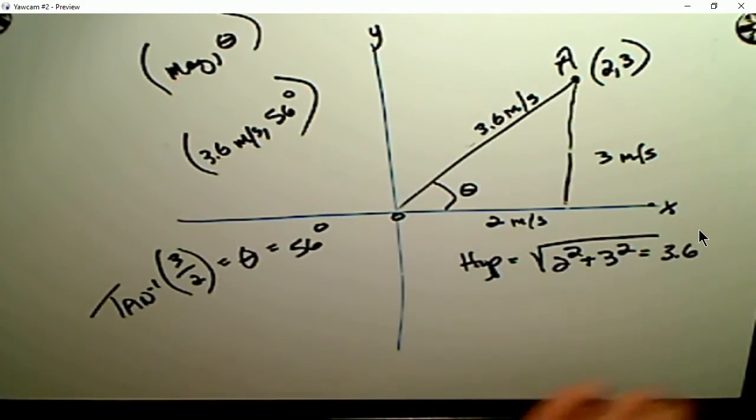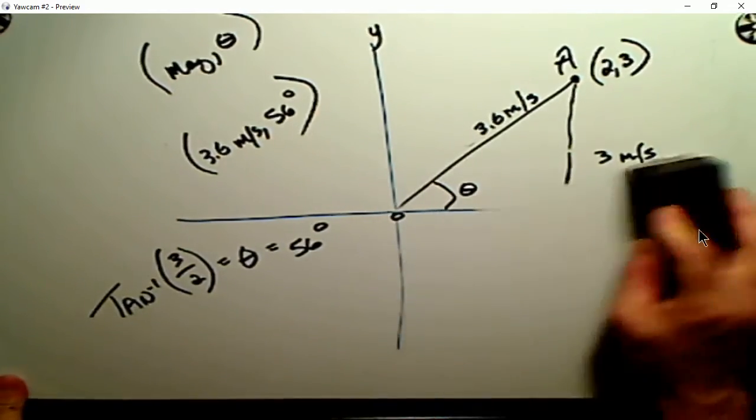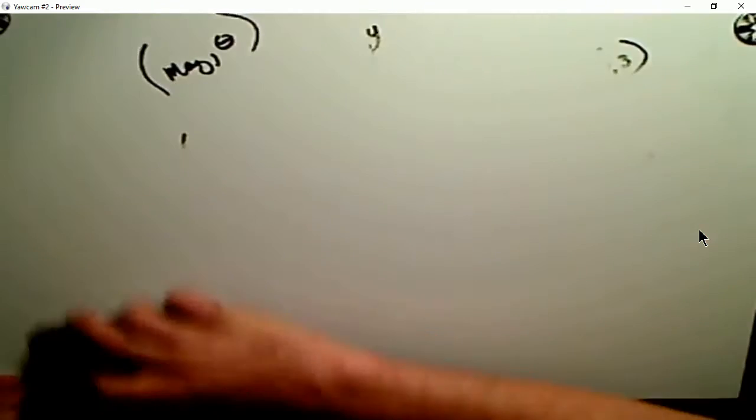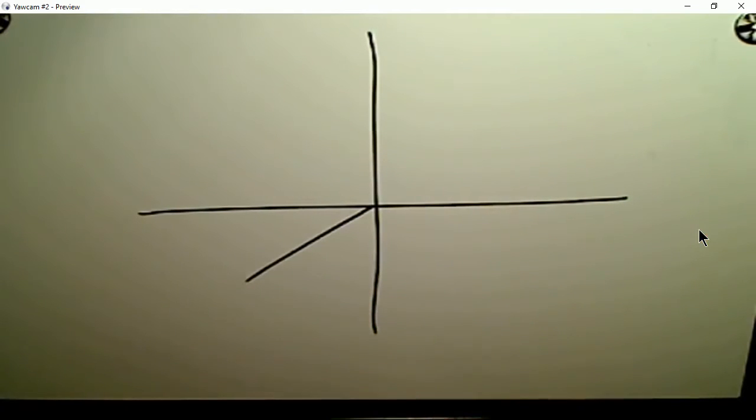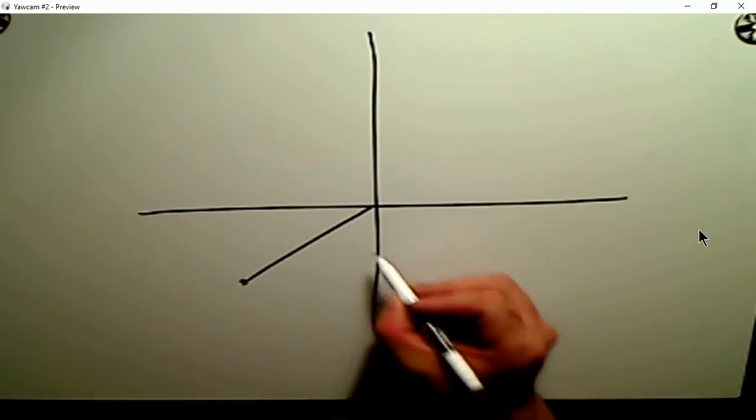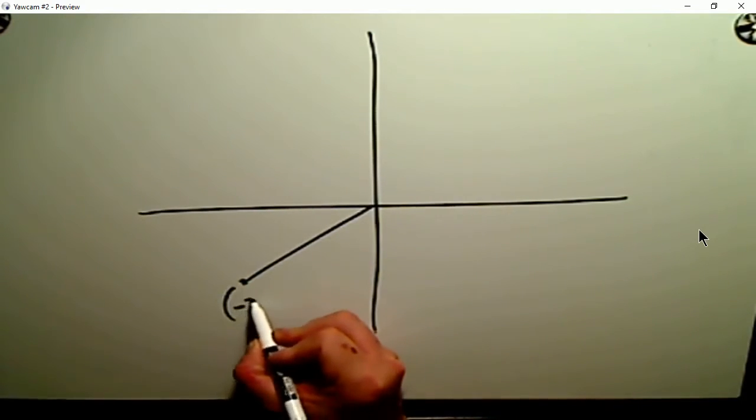So, the book has another example, and let's do that other example. How would I describe this vector? Now, in the x direction, it is a negative 3.5.